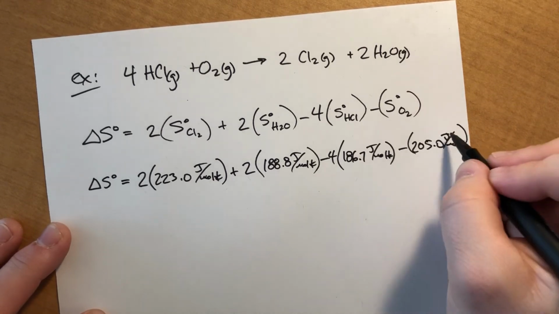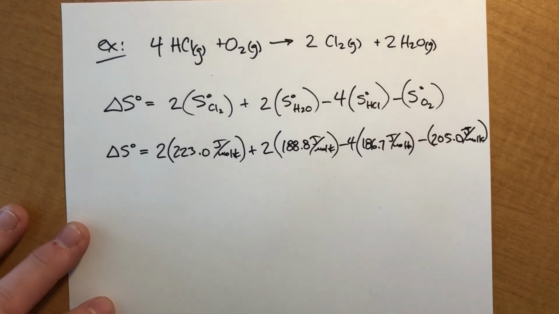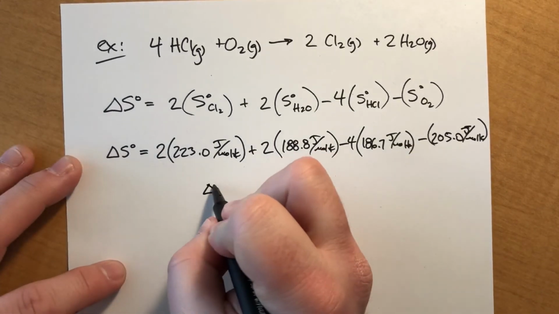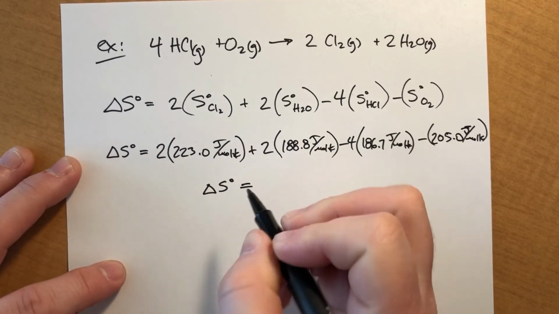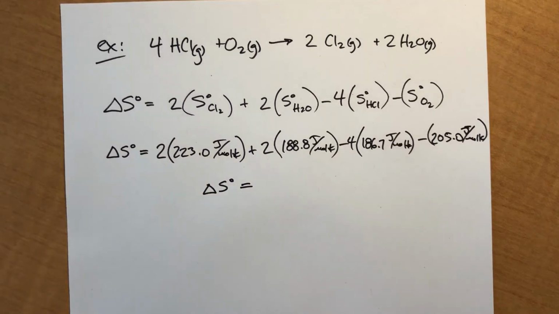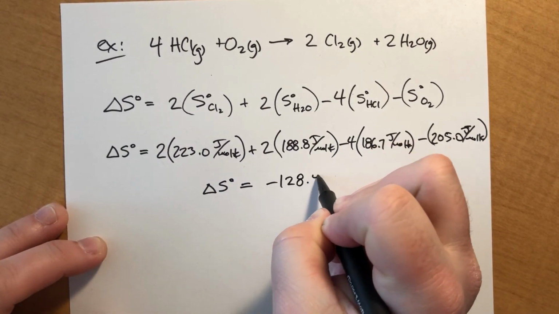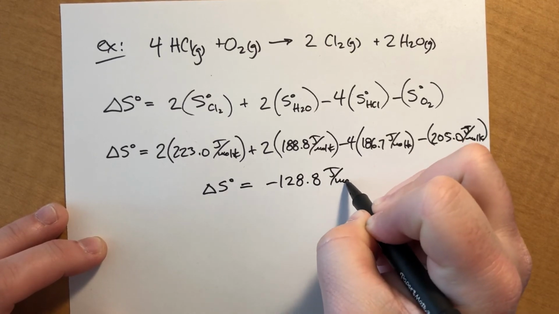Handwriting's getting sloppy there, sorry. Anyway, literally you just add up all the products minus the reactants. And delta S for this reaction at standard conditions, the little degree sign means standard conditions, comes out to be negative 128.8 joules per mole Kelvin.